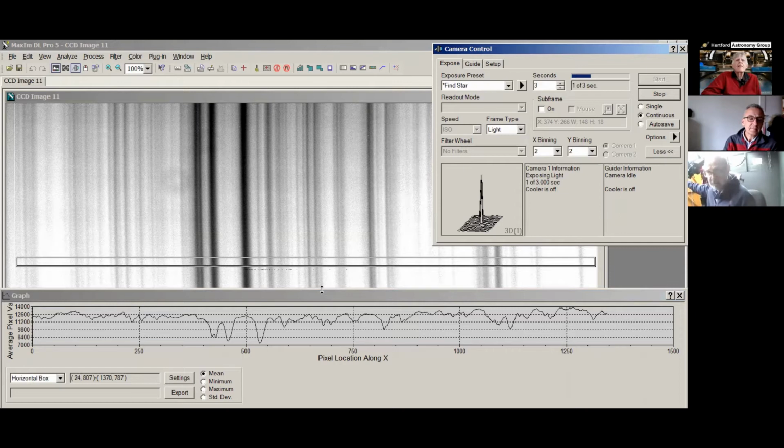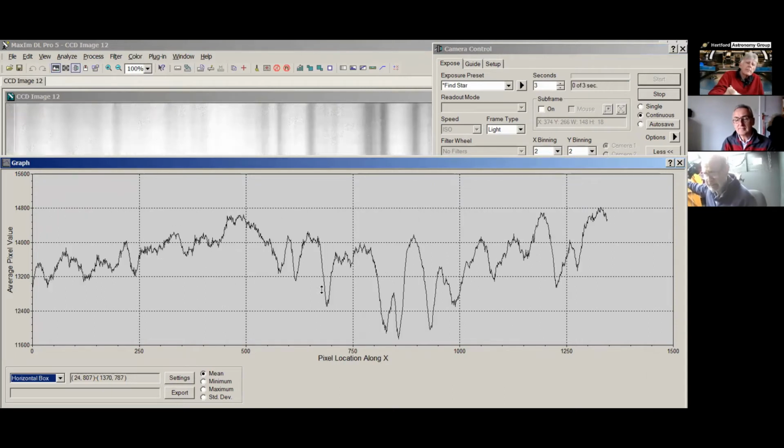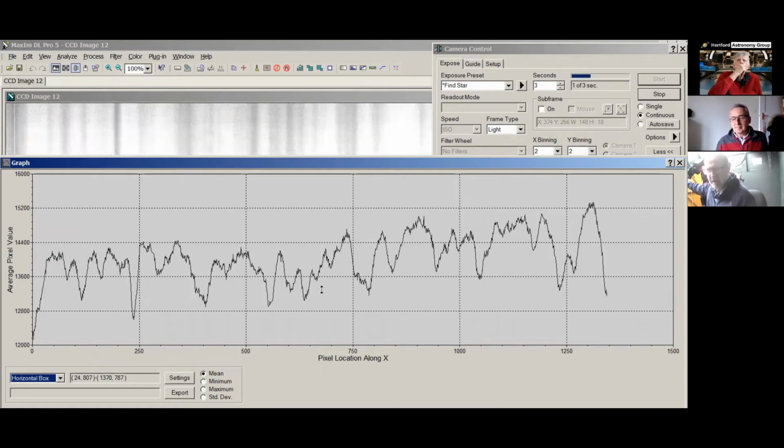Let's go and have a look at the H beta line, which is the second line of the hydrogen Balmer series, named after its discoverer, Balmer. I think he was Swiss or German in, like, I don't know, the 1860s or thereabouts.